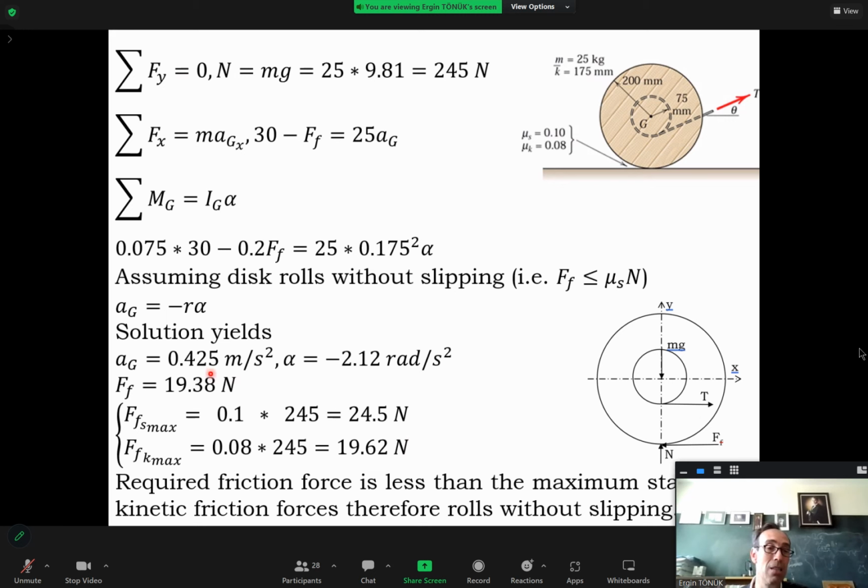But for our case, whatever happens, it won't slip because it's smaller than even this value. So actually we got the acceleration of the mass center, the angular acceleration of the disk, and also the friction force. Okay. Any questions?